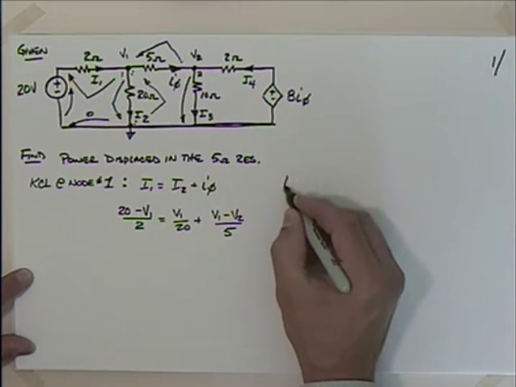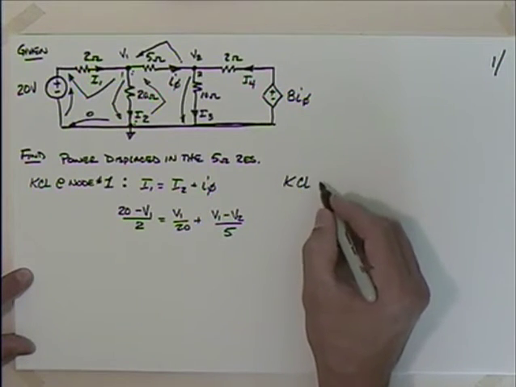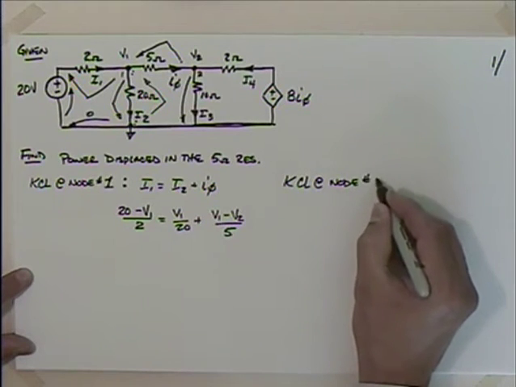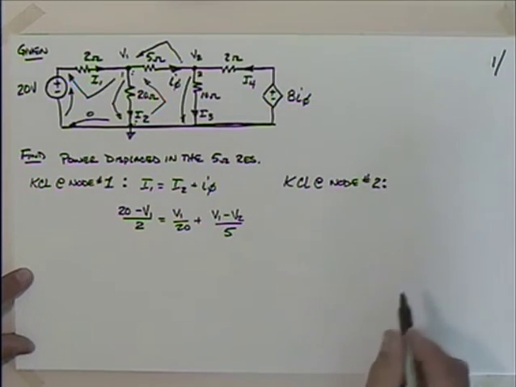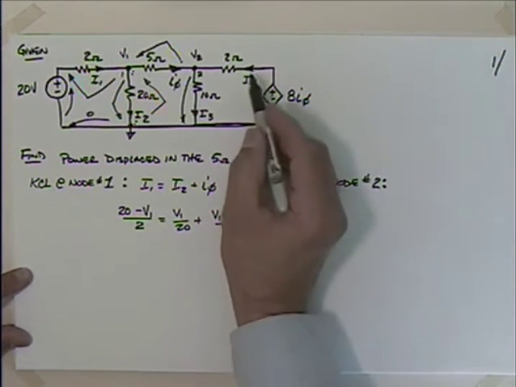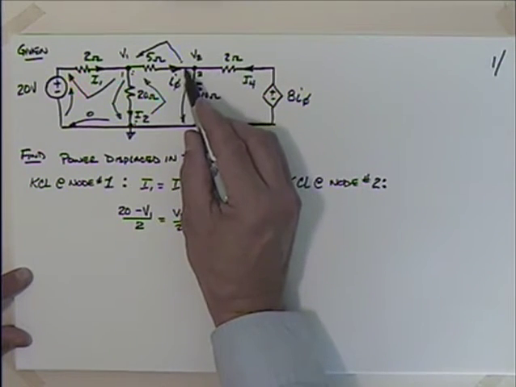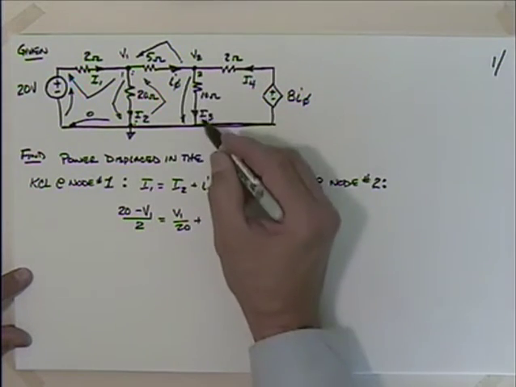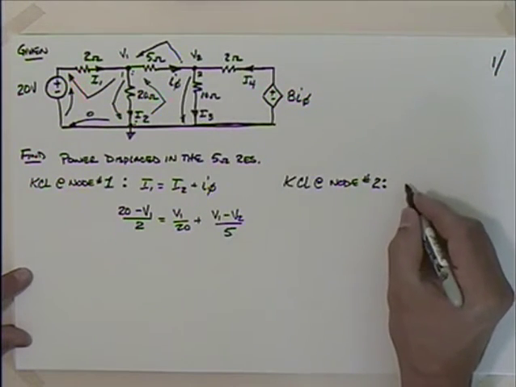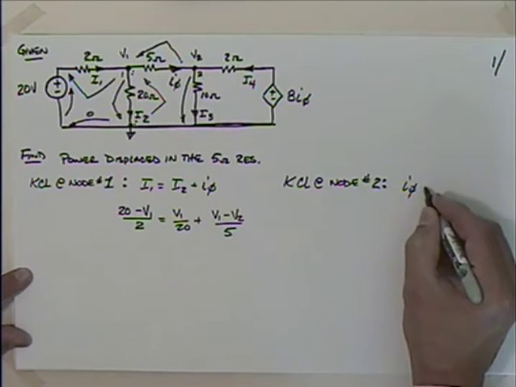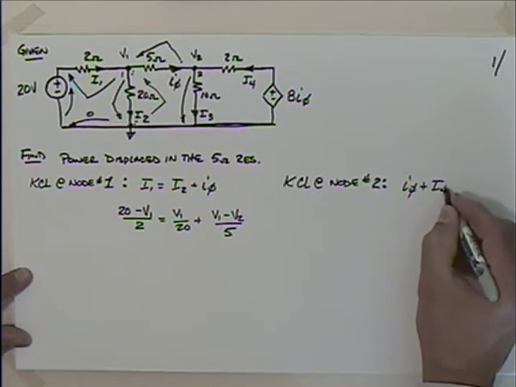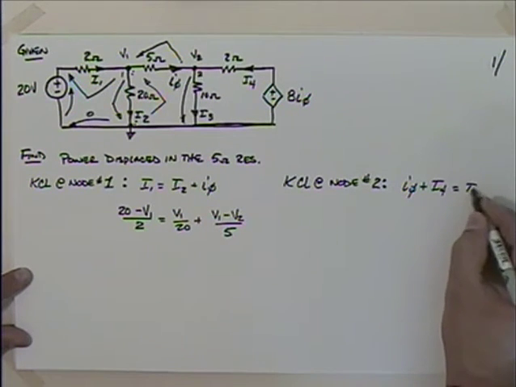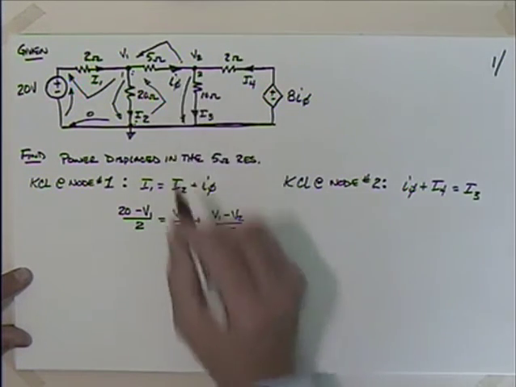Let me look at Kirchhoff's current law at node number 2. And what are we going to get there? We've got I phi coming in. We have I4 coming in, and they combine to make I3. So here we go. I phi plus I4, that's going in, is equal to I3.